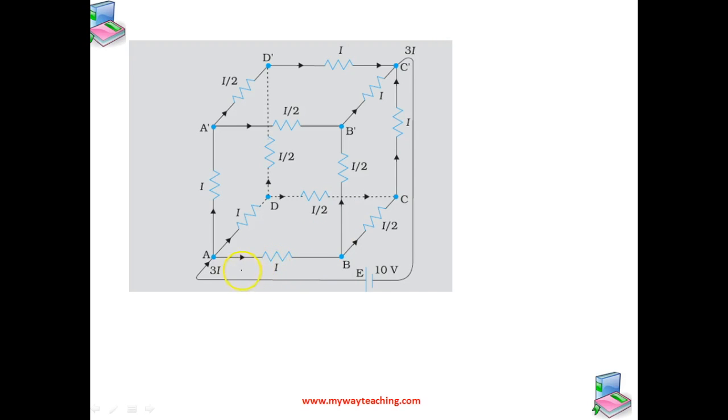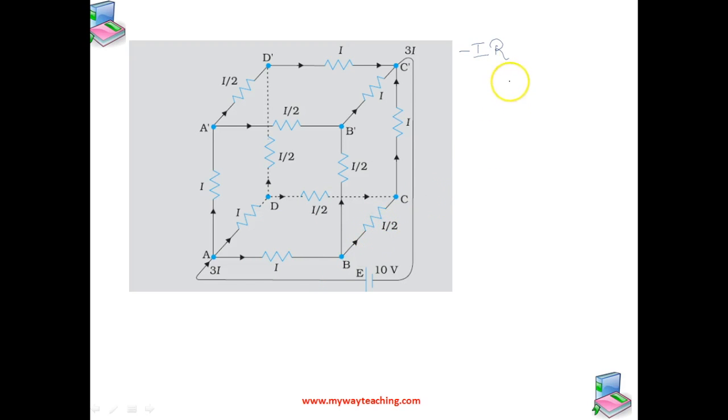First this one, if you move from this direction, if you consider this I, that is minus I into R, the current entering the node and current leaving the node.